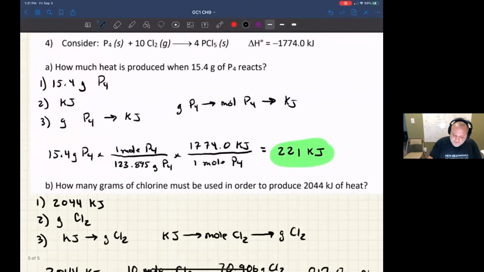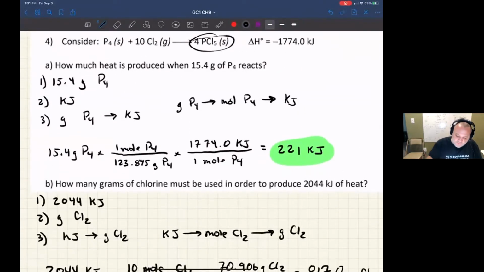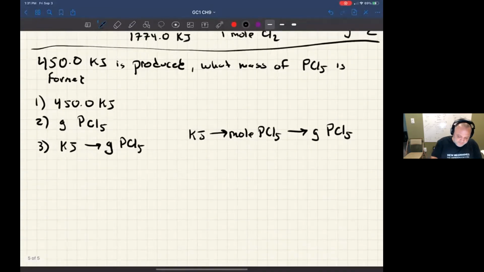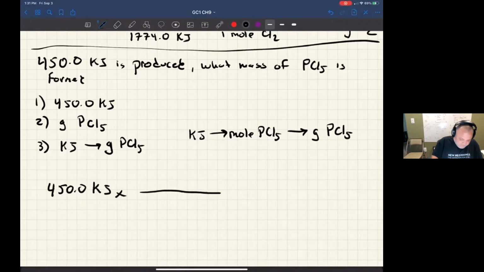Let's check on the stoichiometry. It's 4 moles of PCl5. So that means 450.0 kilojoules divided by 1,774.0 kilojoules for every 4 moles of PCl5.